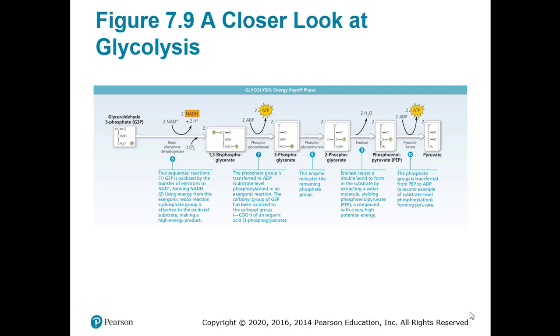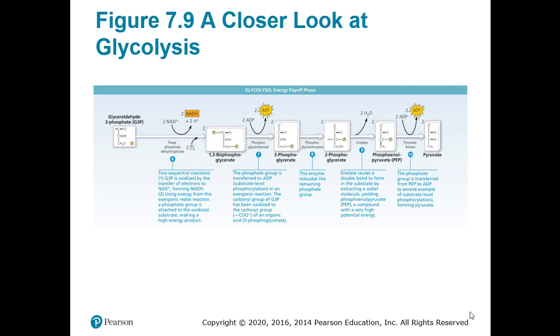All I want you to know is that G3P is going to get converted through a series of reactions, and as that occurs, you're going to reduce NAD plus to get 2 NADHs, because you're going to take a hydrogen off each G3P, so that's why you got 2 of them, because you got 2 G3Ps. And as it goes through a series of reactions, you're going to make 4 ATP. You give off some water here, and at the end of this process, you have pyruvate.